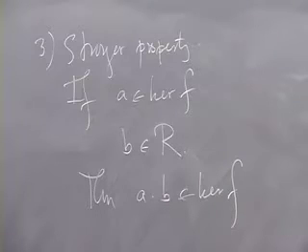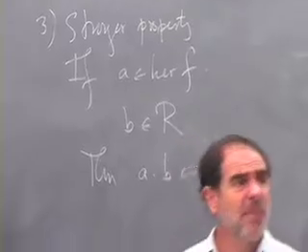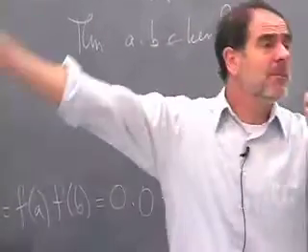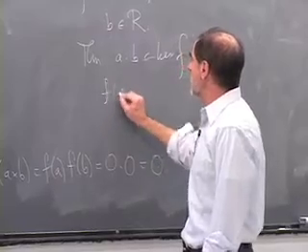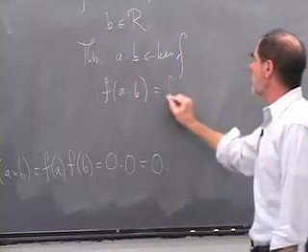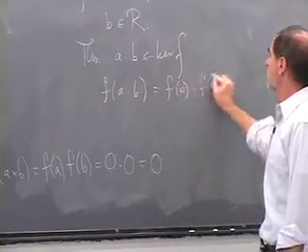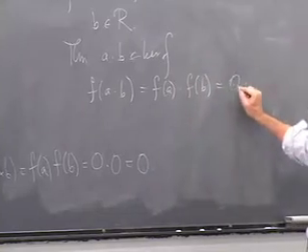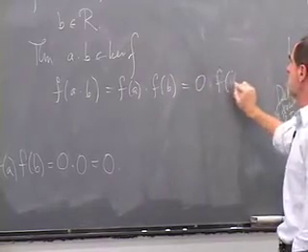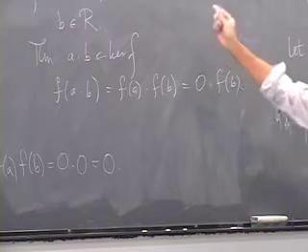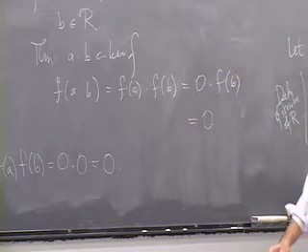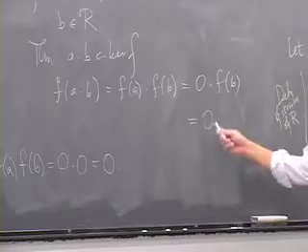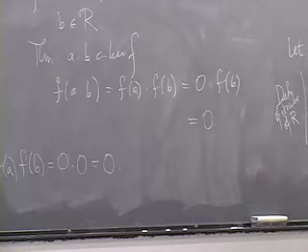So it's not just stable under product. It's stable under product where you take any element in the ring. And the proof is f of a times b is f of a times f of b, which is 0 times f of b. And we just saw in the proof of that 1 equals 0 business that for any element in the ring, 0 times the element is 0. And so a times b is in the kernel.